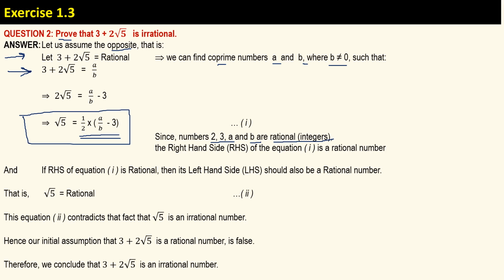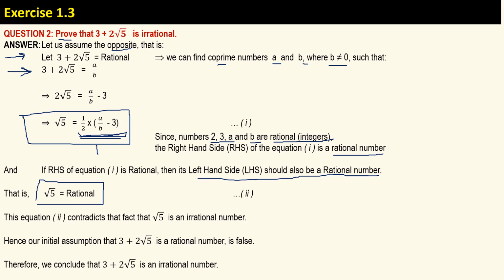So we can easily say that the right hand side of this equation is a rational number. Now if the right hand side of an equation is rational, then the left hand side of that equation should also be rational if the equality sign has to hold true. Therefore, we can say that square root of 5 is rational.